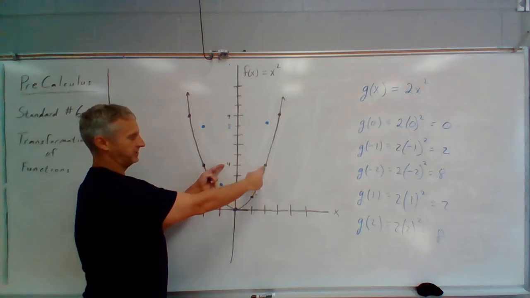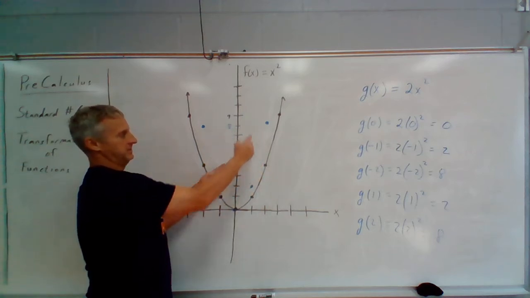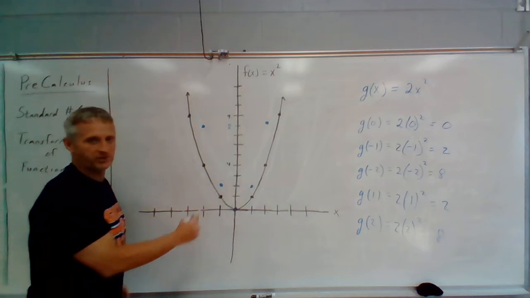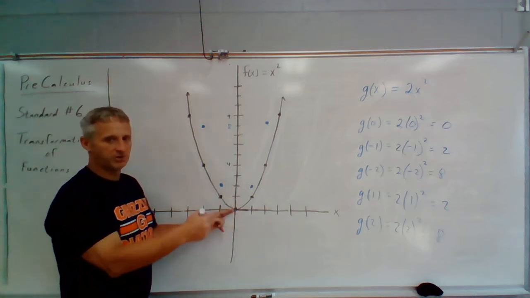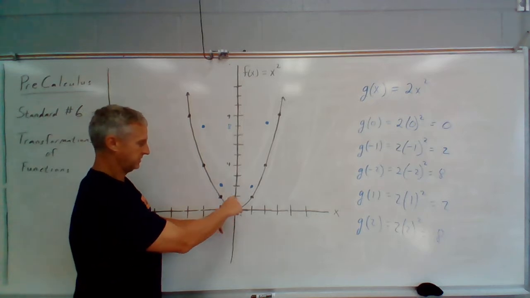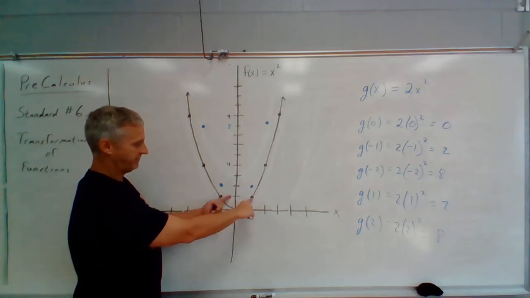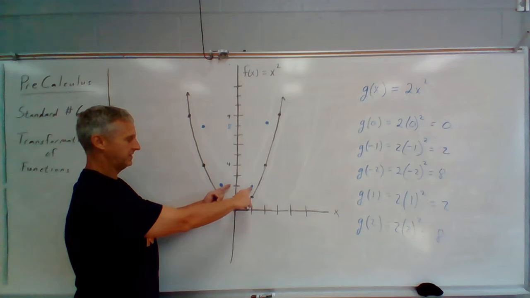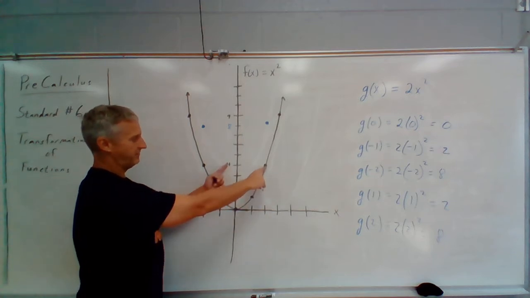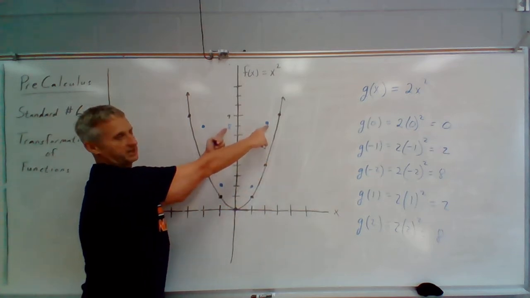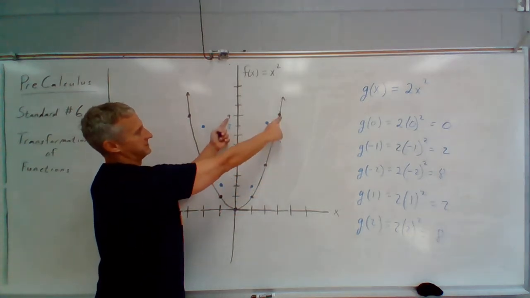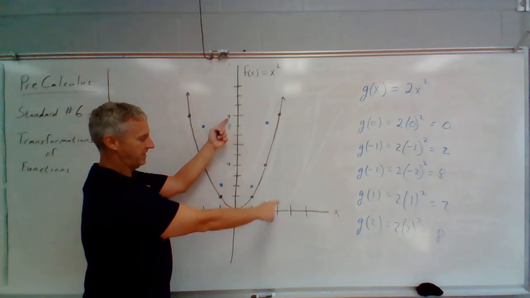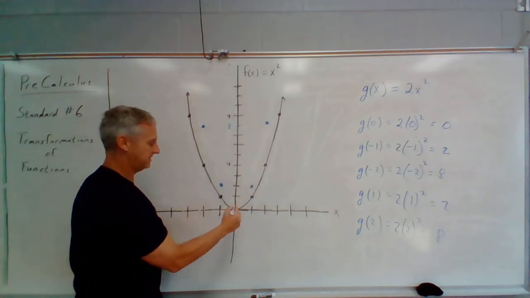Plug 2 into the blue function, I get 4 times 2 is 8. So every point on the original graph, the y value gets multiplied by 2. Here, the y value is 1, multiply that by 2, and I get 2. Here, the y value is 4, multiply that by 2, and I get 8. On this one, the y value is 9, multiply that by 2, and I get 18. So I would have the point (3, 18).